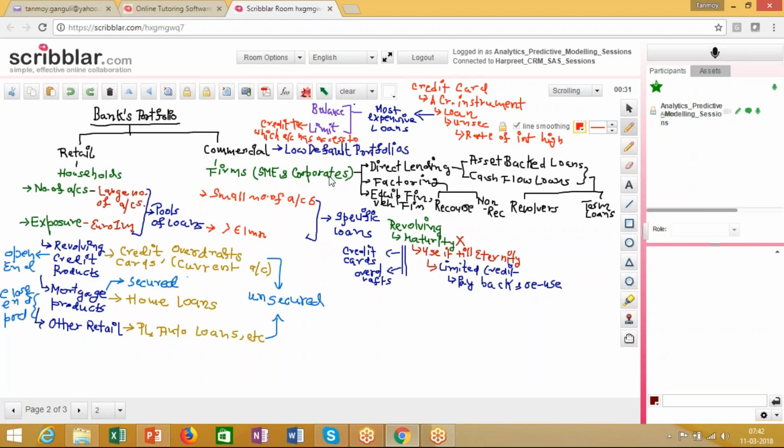So, for example, if you are given a card, you are given a limit along with it, say 50,000, 60,000, etc. So that is what the credit is.